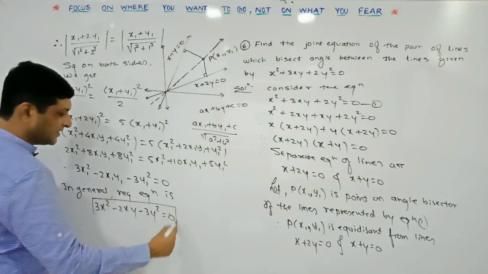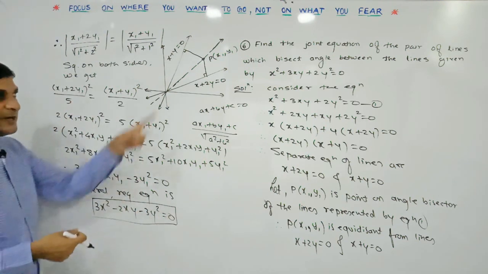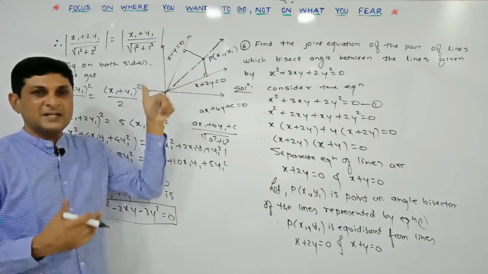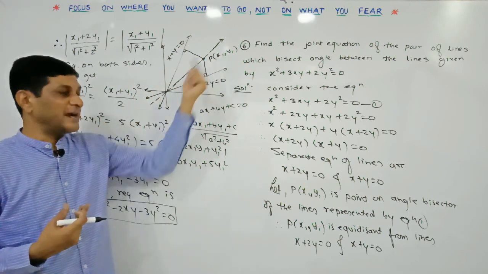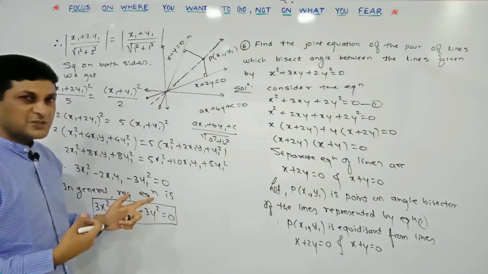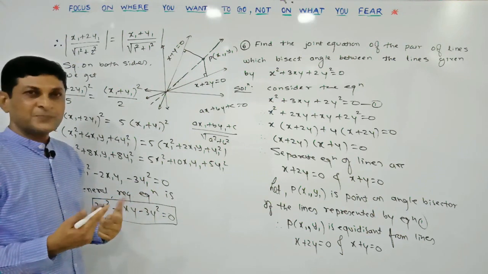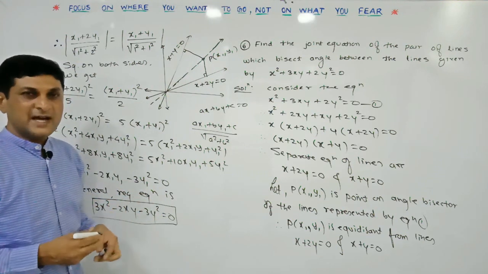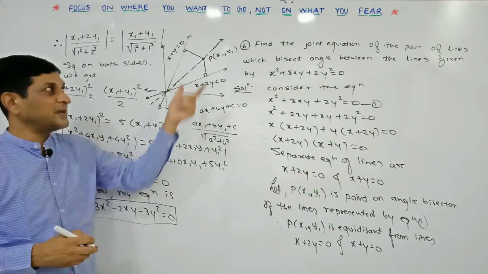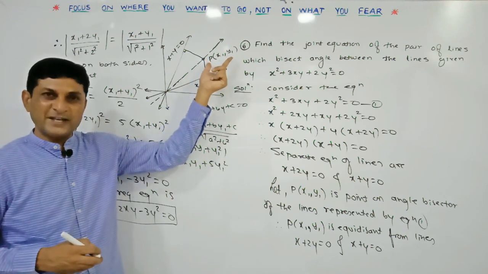Whenever we are finding an equation, first we are considering one point on this angle bisector. If we are considering a second point (x2, y2), we will get a similar type of equation in terms of x2, y2. So in general, whenever we are finding the equation of a locus, we are denoting the coordinates of the point by (x1, y1).